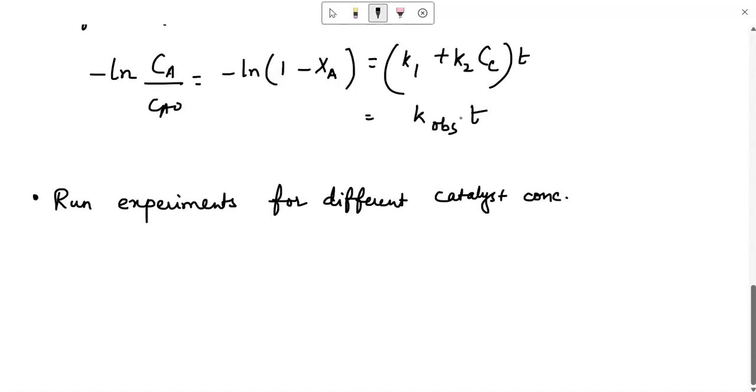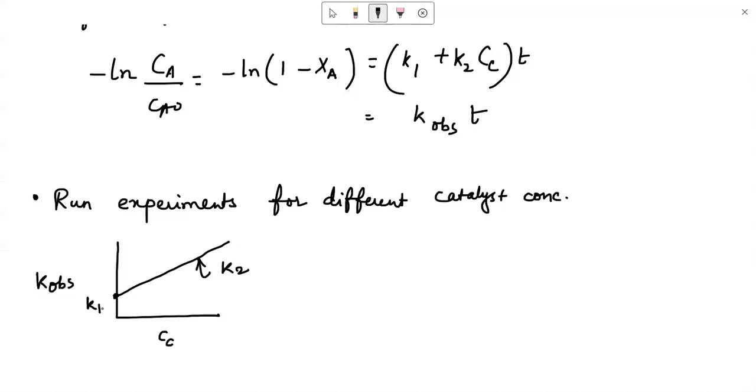Next we will do a plot. If you plot CC on the x-axis and K obs on the y-axis, you get a straight line whose slope is K2 and y-intercept is K1. This gives us the values of K1 and K2 individually. That is how we study homogeneous catalyzed reactions.